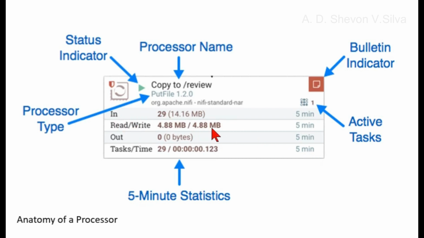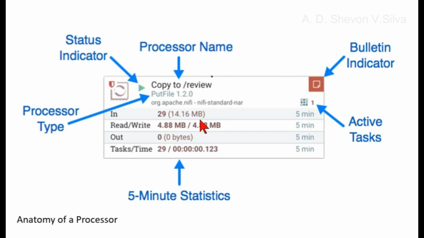In, the amount of data that the processor has pulled from the queue of its incoming connections. This value is represented as count and size, where count is the number of flow files that have been pulled from the queue, and size is the total size of those flow files' content.